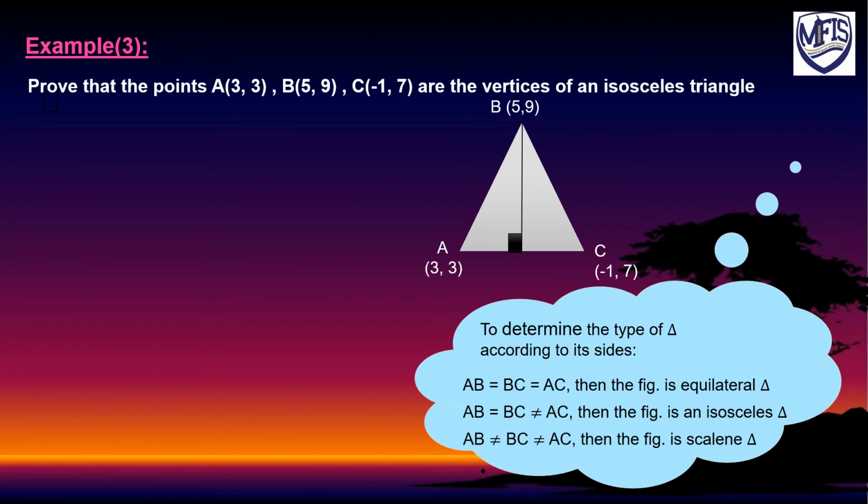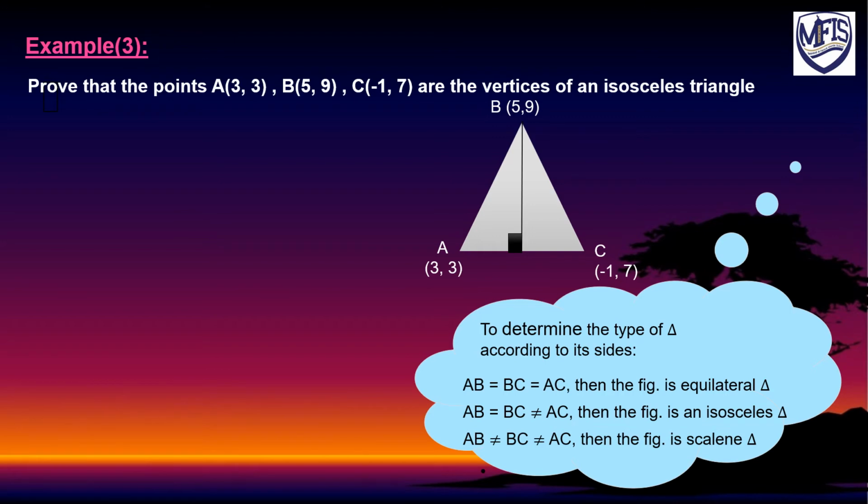If AB equals BC equals AC, that means the three sides are equal, then the figure is an equilateral triangle. But if AB equals BC and doesn't equal AC, that means the figure is an isosceles triangle. And if the three sides are different, then the figure is a scalene triangle.